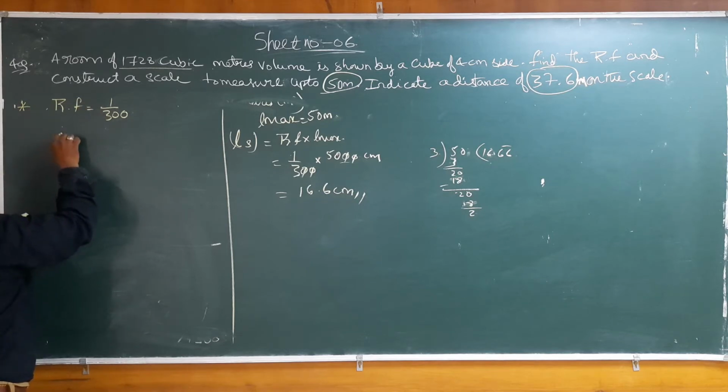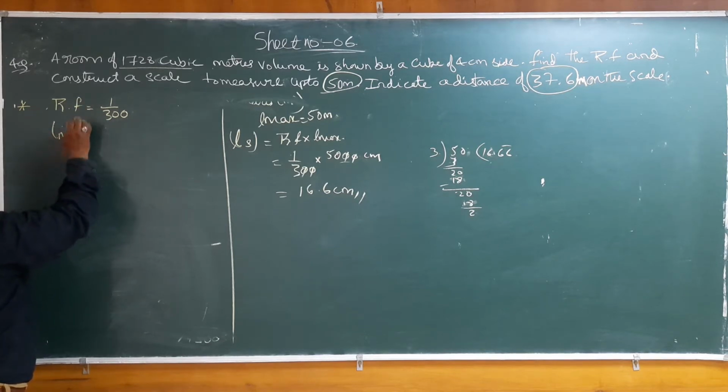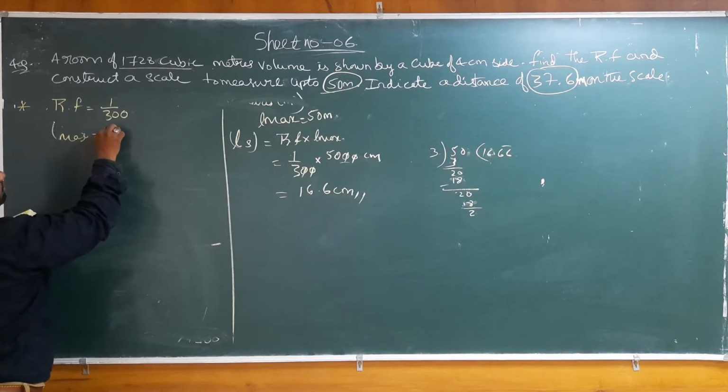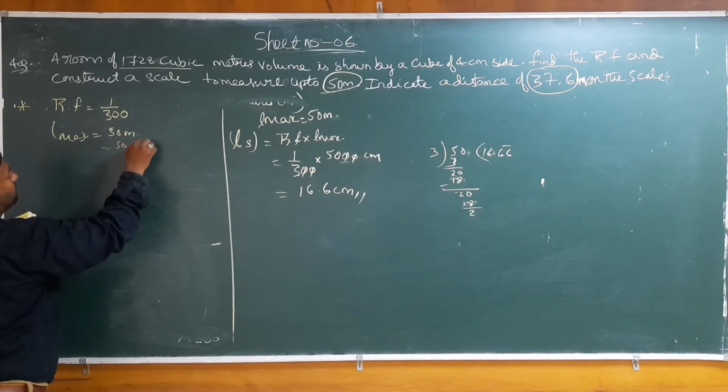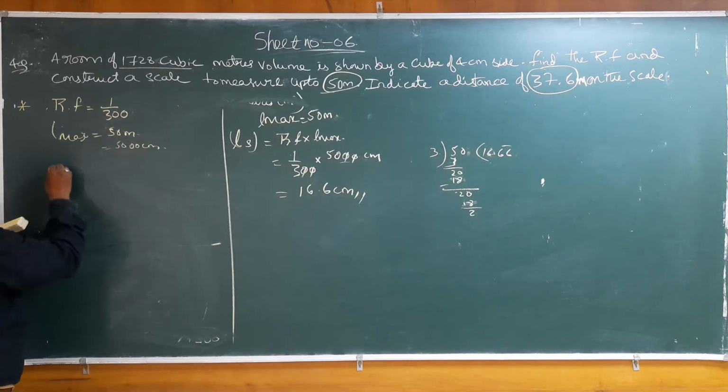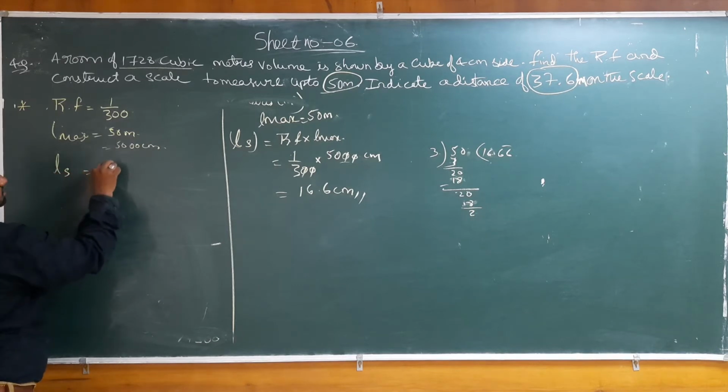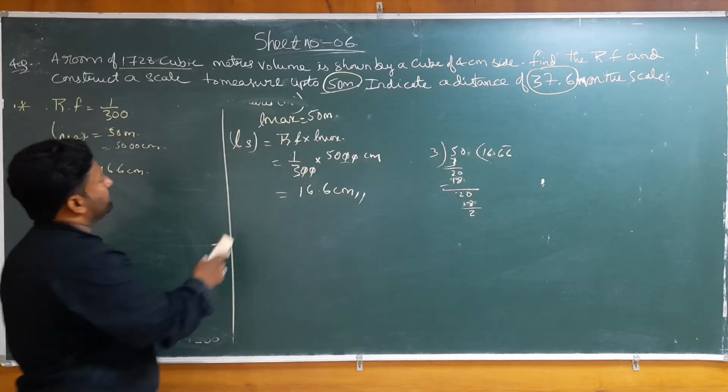Maximum length L max is equal to 50 meters. Length of this scale is 16.6 centimeters. So this value we have to remember.